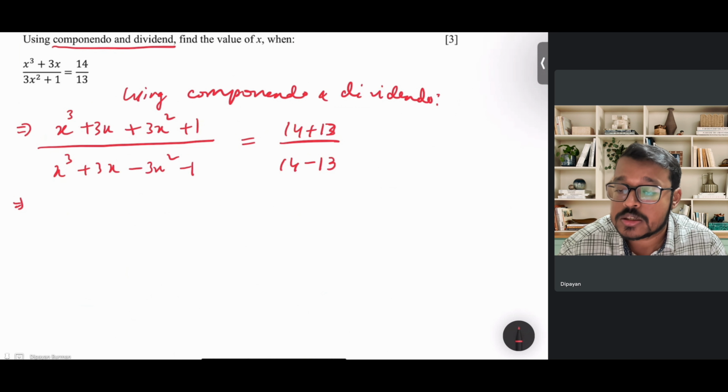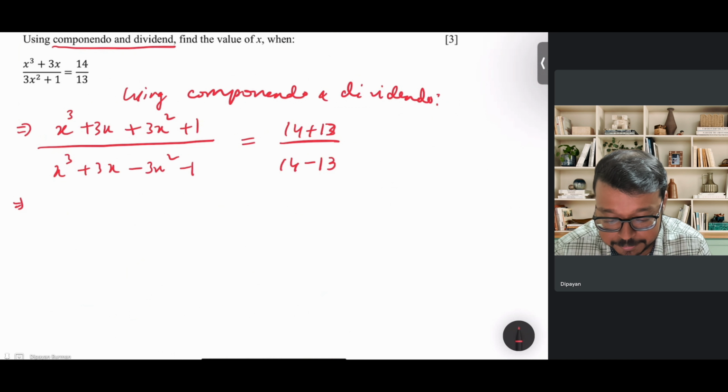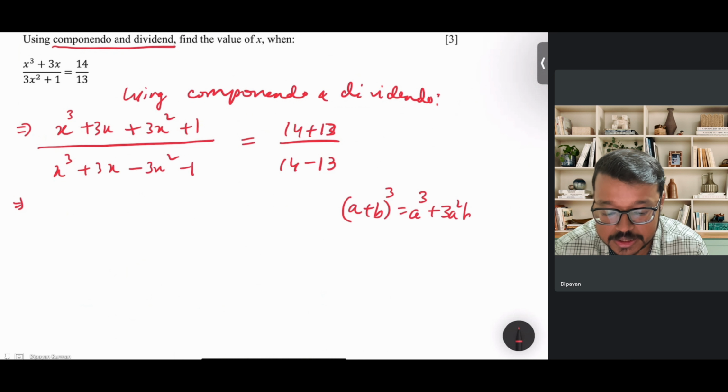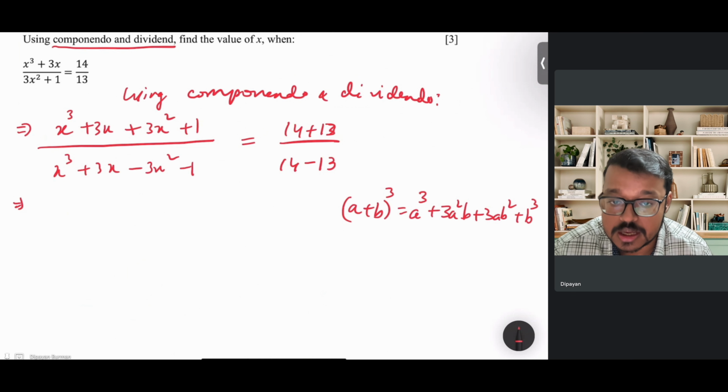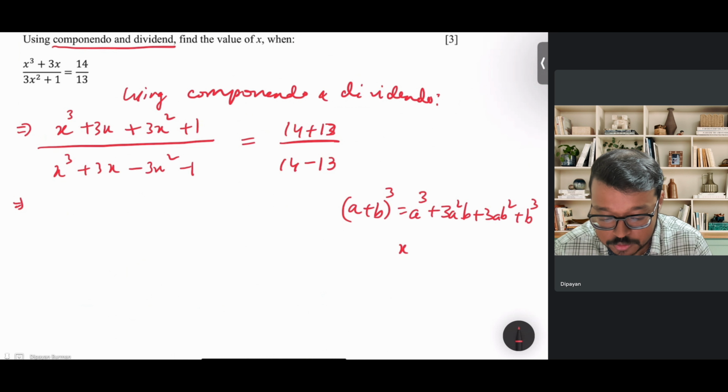The numerator and denominator are some expressions involving x cube and all that. So if I think about the identity of, let's say, a plus b whole cube, the expansion is a cube plus 3a square b plus 3ab square plus b cube. And if I compare the numerator, it is very much in that format. So here we have x cube plus, let's look at this term, 3x square.